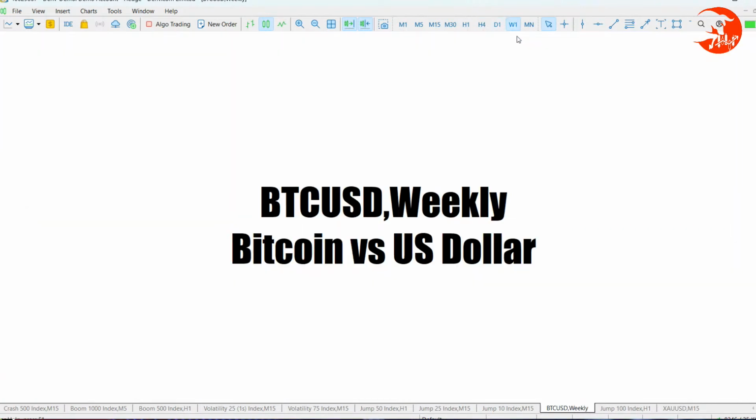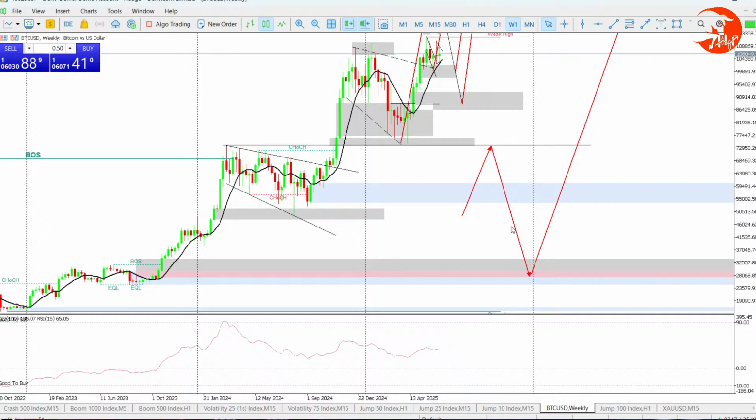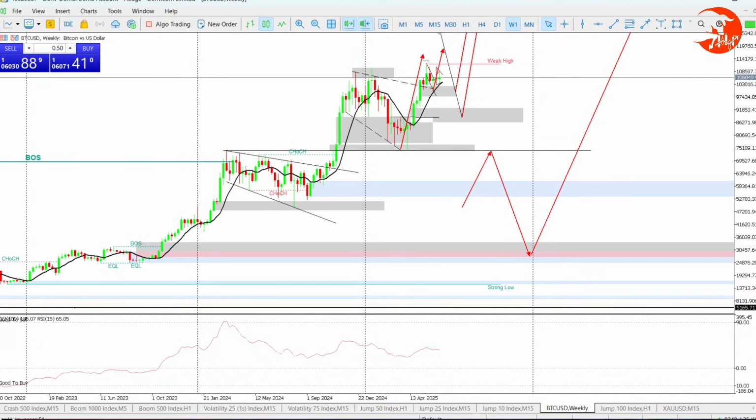If I go to weekly, we see price rejection where we are currently, on both the buy side and the sell side.